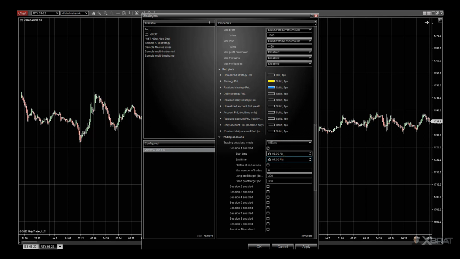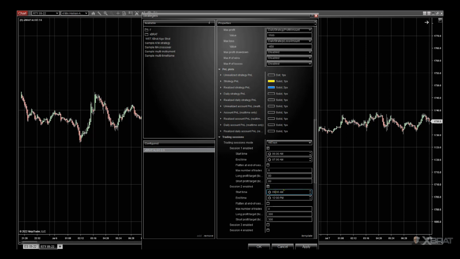Do not forget to change this. Make sure we're AM to AM here. Remember, we had 80 and 80 on those short and long profit targets, which seemed pretty good actually. Then the next time slot is 9 to 9:30. I don't want anything going in during that volatile time. Could be wrong.